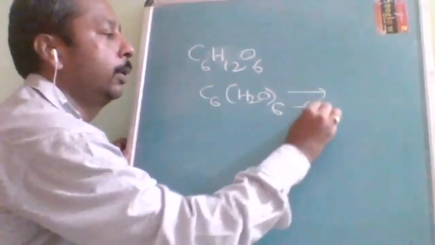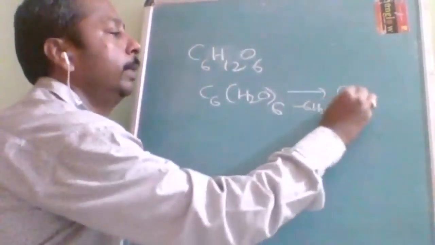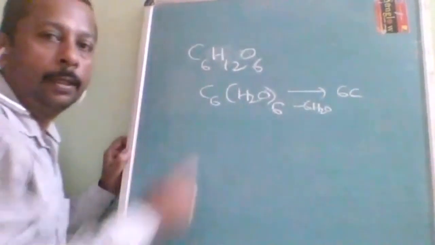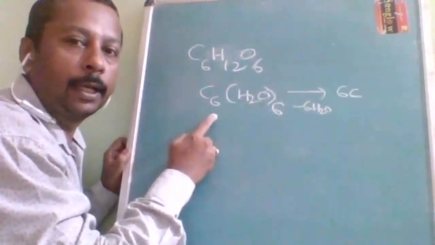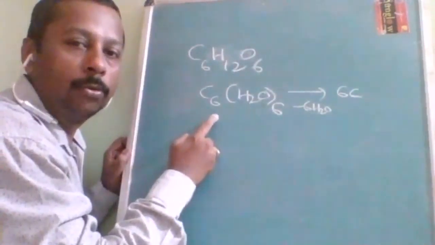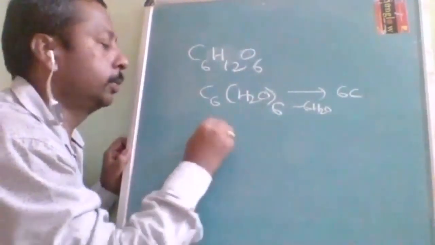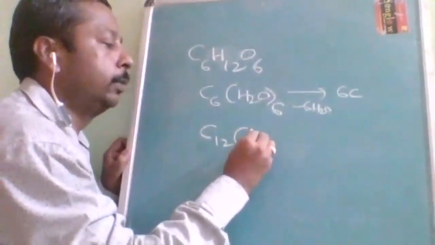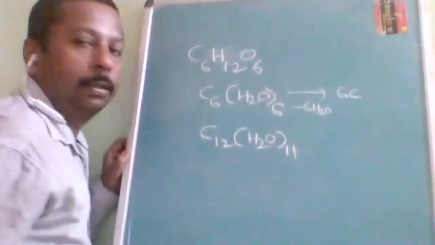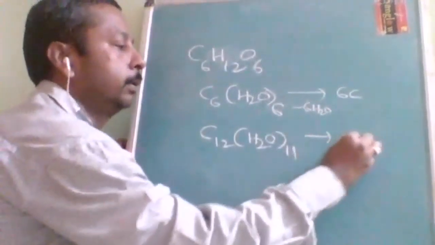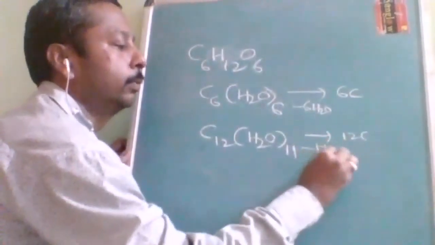Dehydrating agent means loss of water, so the answer will be 6C. This is the reaction of sulfuric acid with glucose. Similarly sucrose, C12H22O11, write as C12(H2O)11. The answer will be 12C plus 11H2O. That's all.